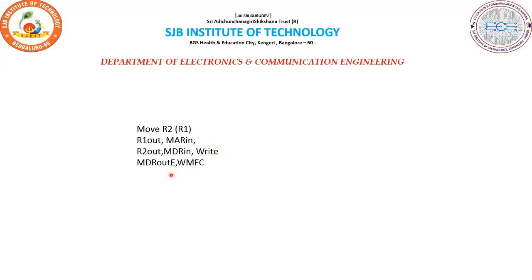So the move R2, R1 requires the following sequence: R1out, MARin, R2out, MDRin, write, and MDRoutE, WMFC.